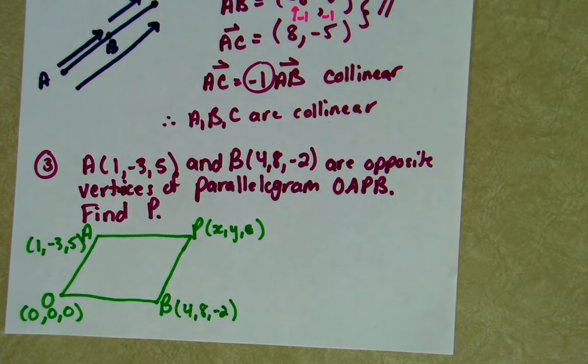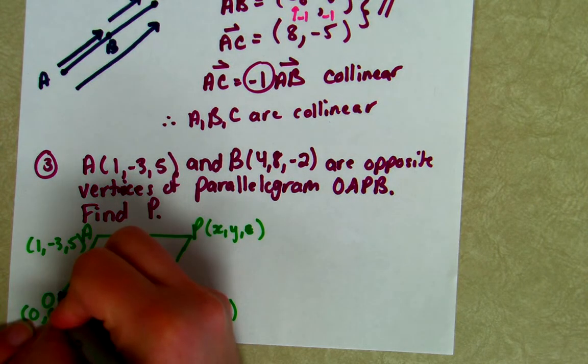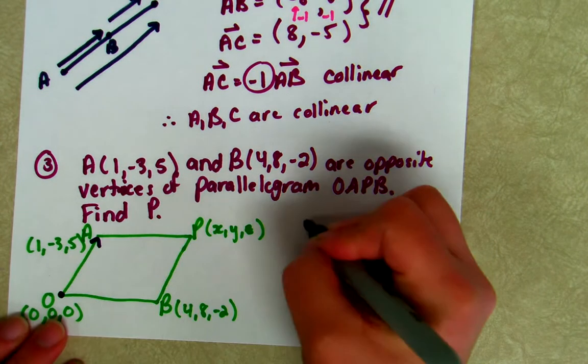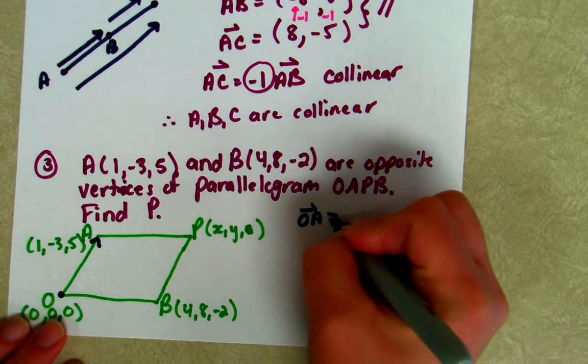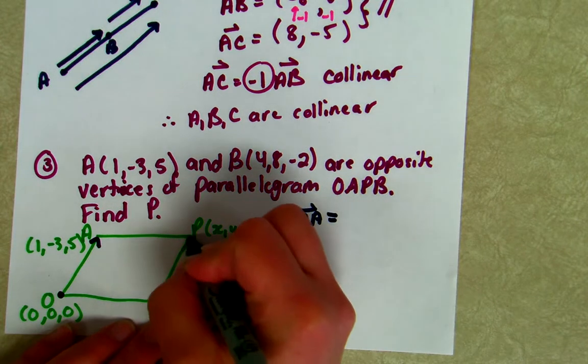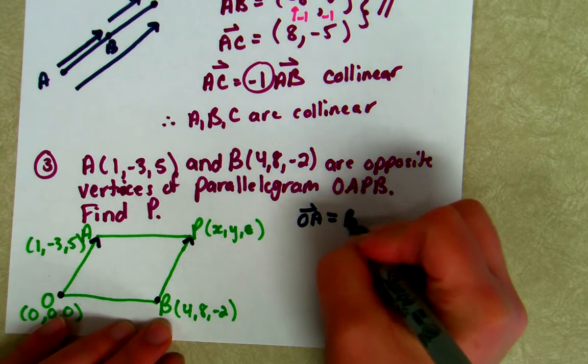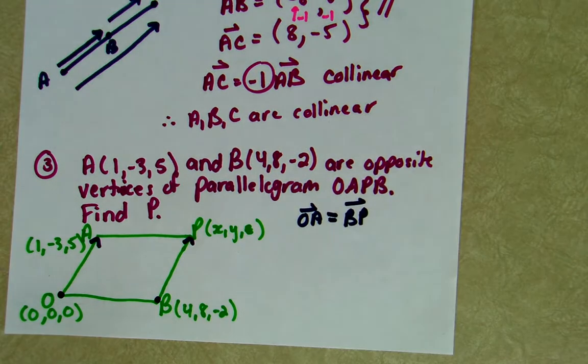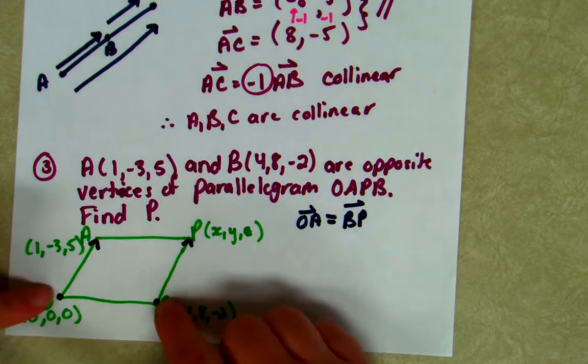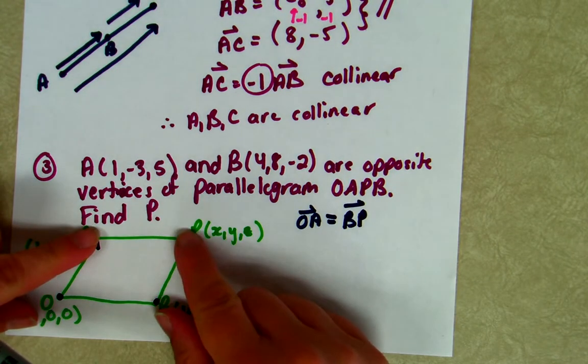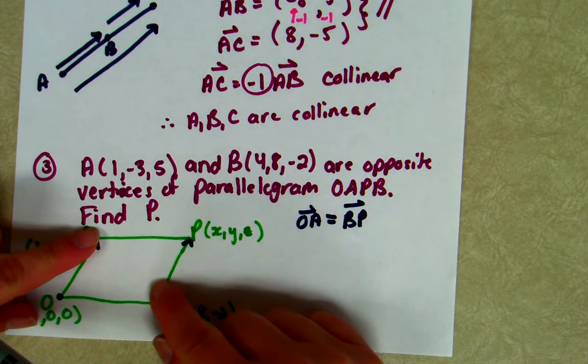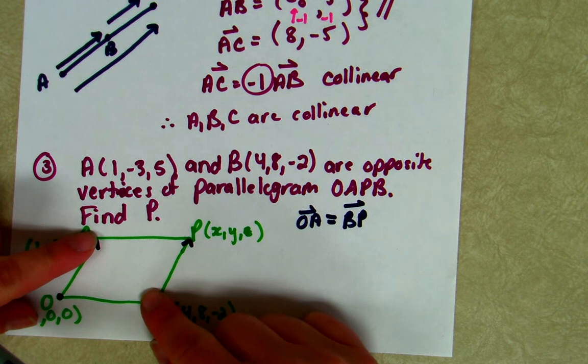So what I know about parallelograms is that opposite sides are equal and parallel. If I think about that in terms of vectors, the vector OA has to be the same vector as BP. And order is very important. I have to start in the same spot and go. If I went opposite, these would be parallel vectors, but they'd be opposite in direction.